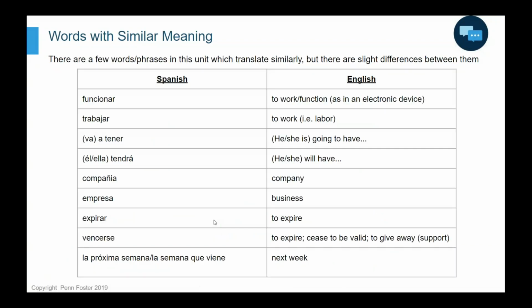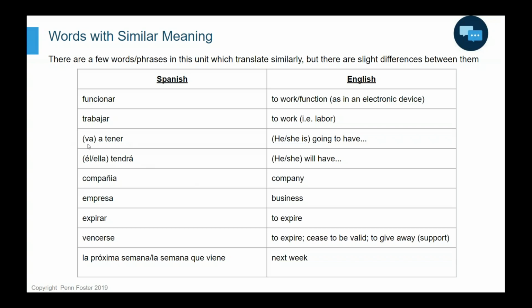Next up, we want to just give you a chart of words with similar meanings from this unit. So you do want to make sure you look through these examples and see how they are translated just a little bit differently from their counterpart. So the first two would go together, meaning to work or to function, funcionar, versus trabajar, meaning to work as in labor.